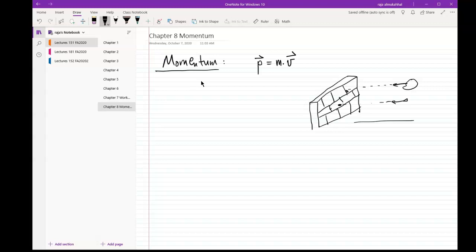Here is why. Those who say that the bullet will make more damage are thinking about the speed. The speed of a 22 millimeter bullet is maybe Mach 1, the speed of sound, roughly 350 meters per second. So it's an extremely fast object going toward the wall.